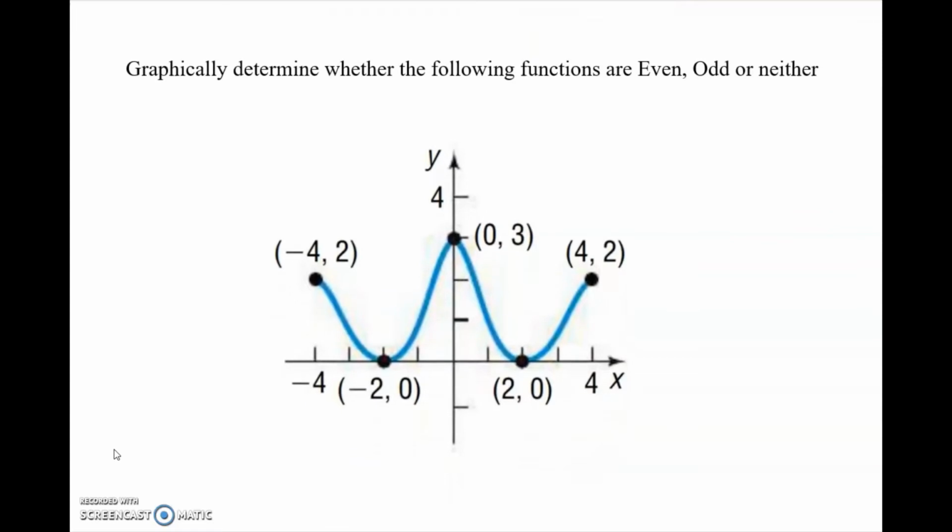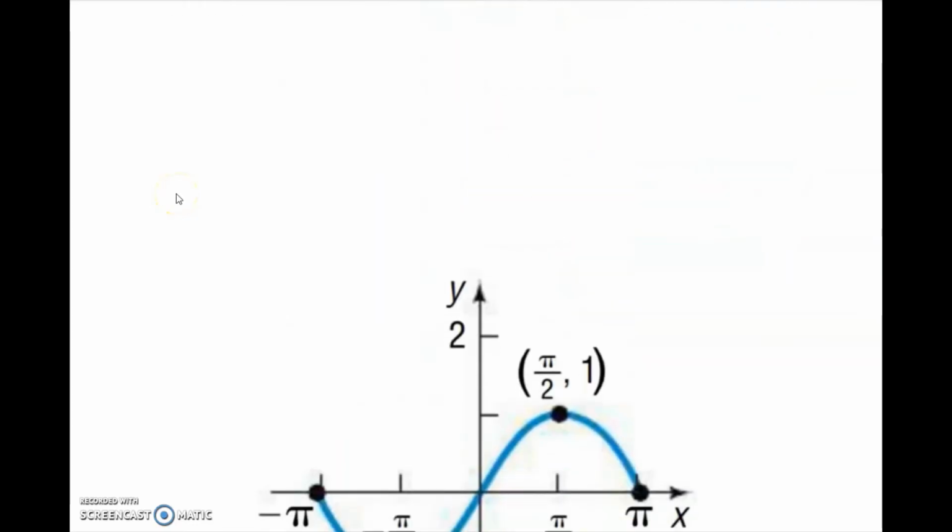Let's find out graphically whether this function is even, odd, or neither. By looking at this function, we will notice that the y-axis is a line of symmetry. So in this case, it's an even function because it's symmetrical about the y-axis.